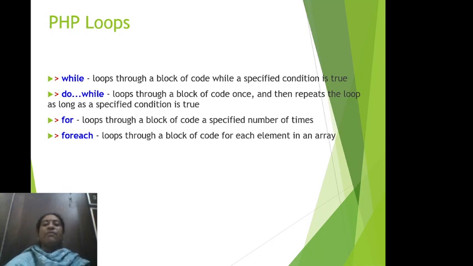The for loop runs through a block of code a specified number of times. Foreach is not in C and C++, but it is available in PHP. We use foreach to loop through a block of code for each element in the array.